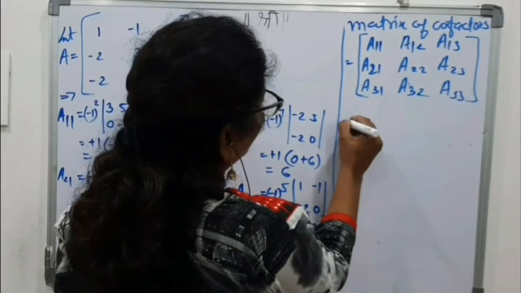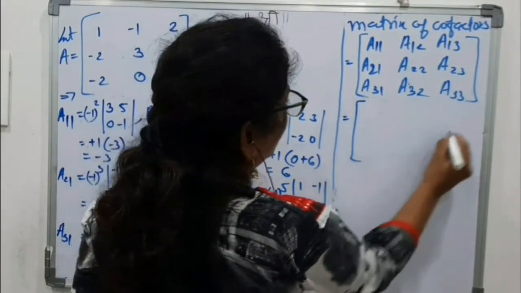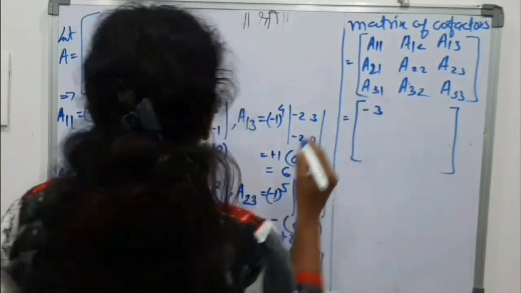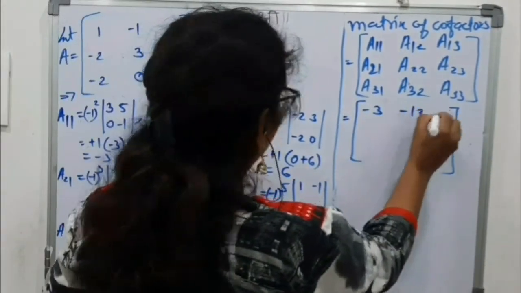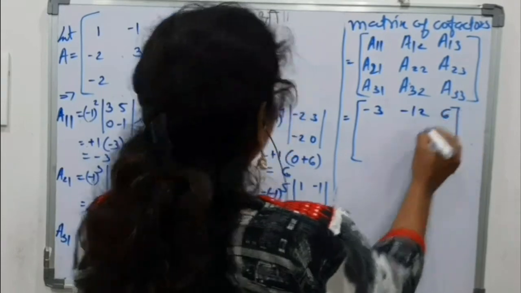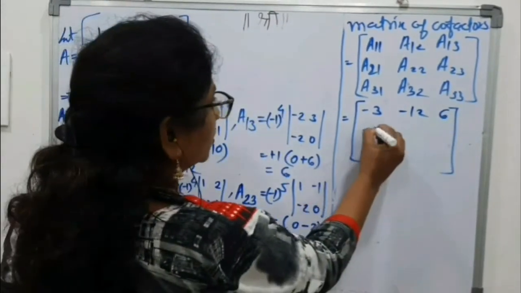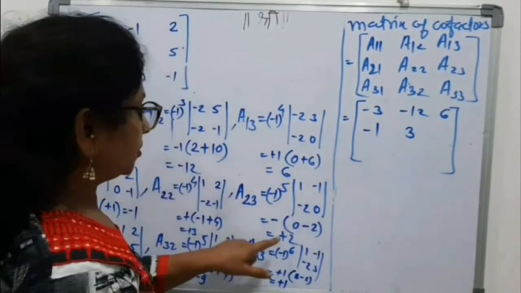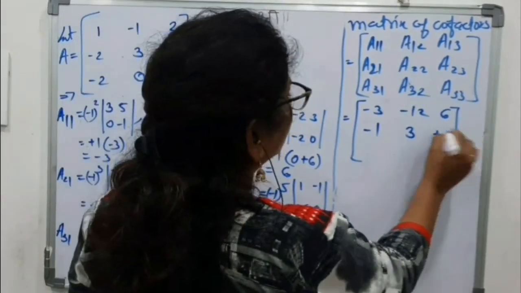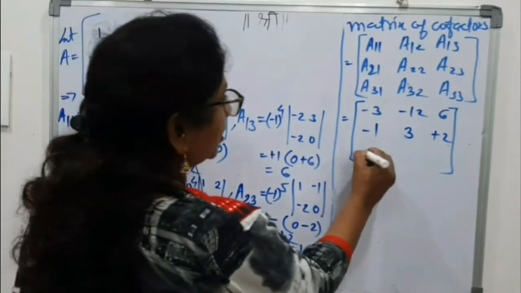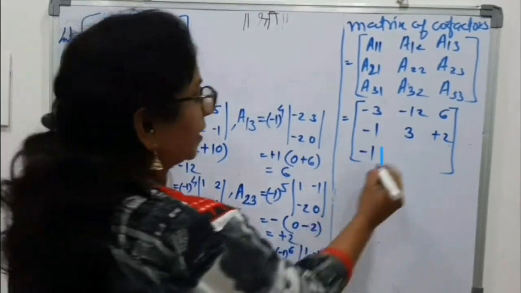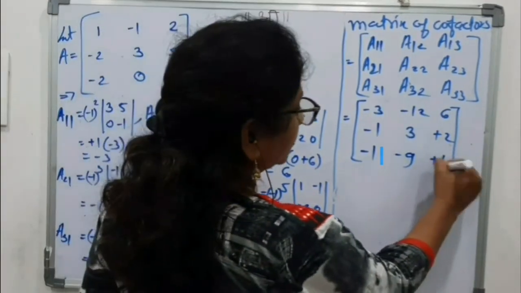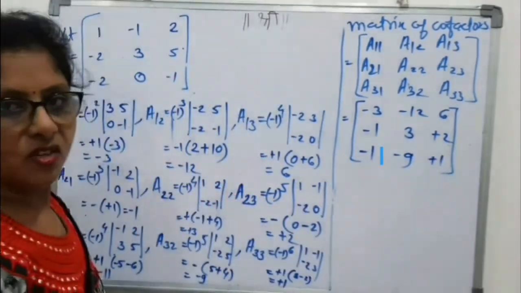Now put all the elements: A11 is -3, A12 is -12, A13 is 6, A21 is -1, A22 is plus 3, A23 is plus 2, A31 is -11, A32 is -9, and A33 is plus 1. So this is your matrix of cofactors.